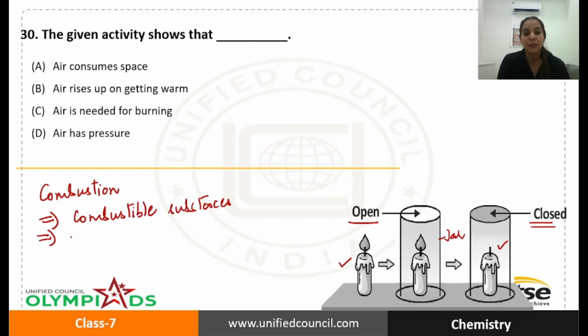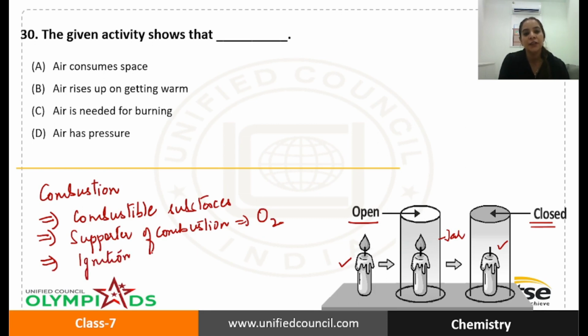And what other things do we need? We need a supporter of combustion, that is a gas which supports combustion like oxygen. And third, we need to ignite it or heat it till we reach a certain temperature when it starts burning. That is the ignition temperature, the temperature at which a substance starts burning.